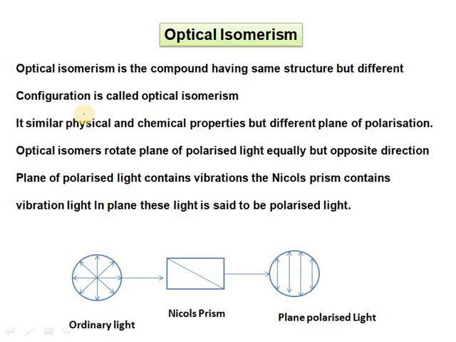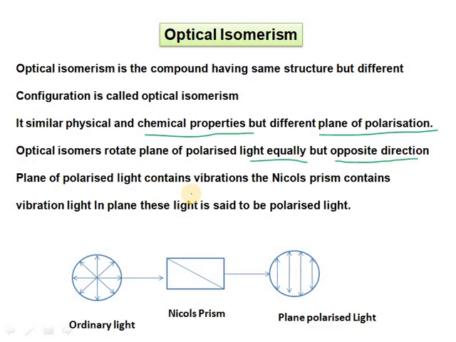Optical isomers have similar chemical properties but differ in the plane of polarization. They rotate plane polarized light equally but in opposite directions.